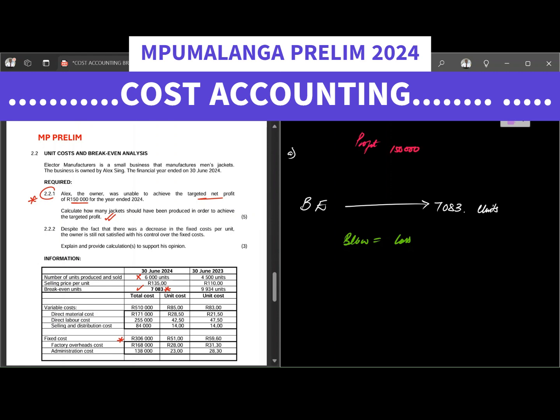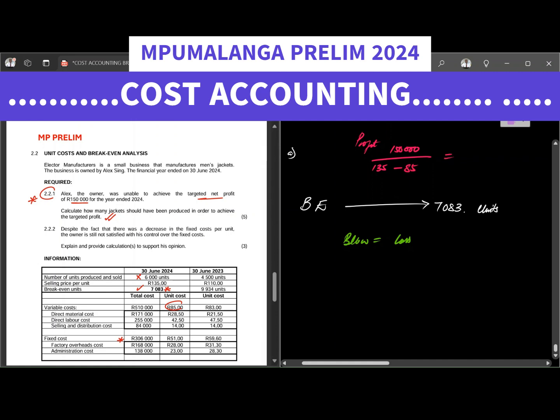So I take the 150,000 and divide it by the contribution per unit. To get the contribution per unit, my selling price per unit is 135 minus my variable cost per unit, which is 85.